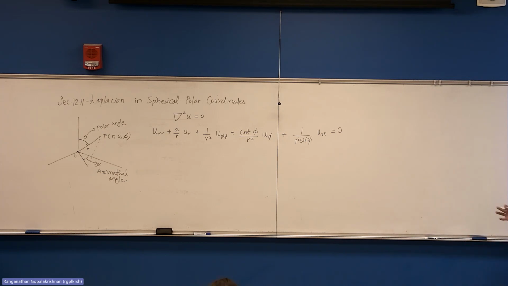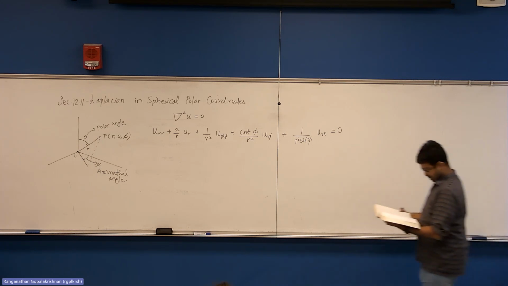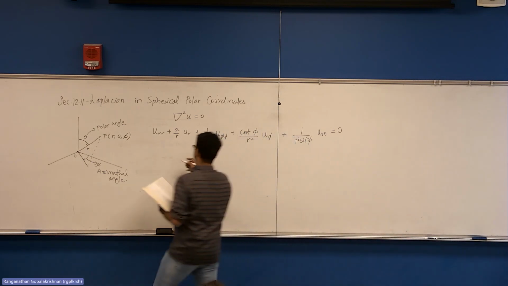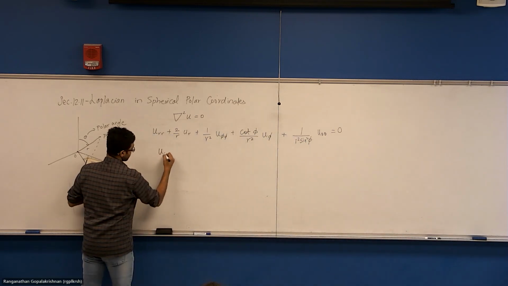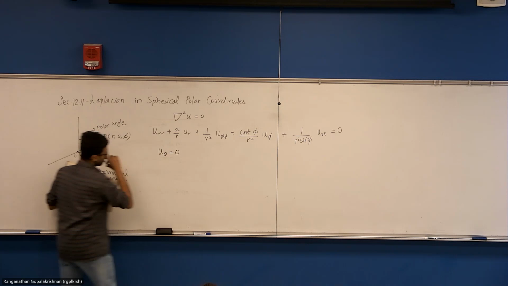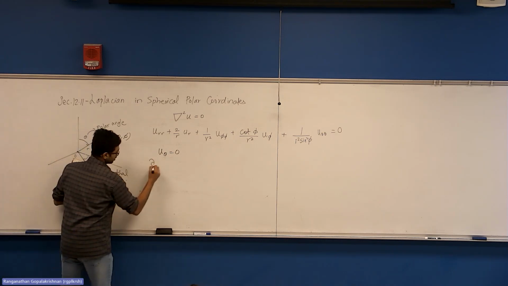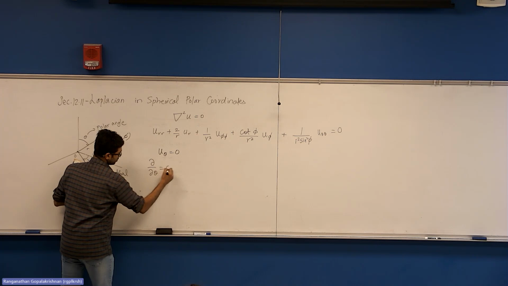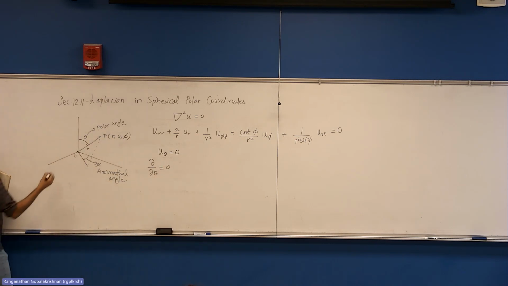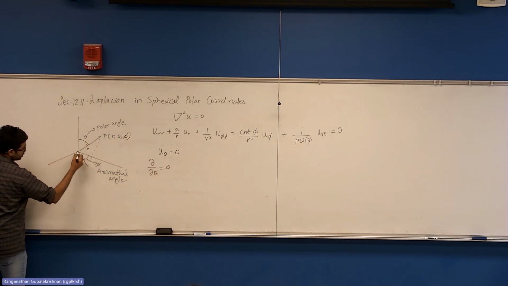But for our problem solving exercise, we are trying to look at a simpler version of this problem, which involves only the r and phi coordinates. We assume that any dependence on the polar angle is 0. Okay, which means we are interested in obtaining solutions that depend on r and phi.